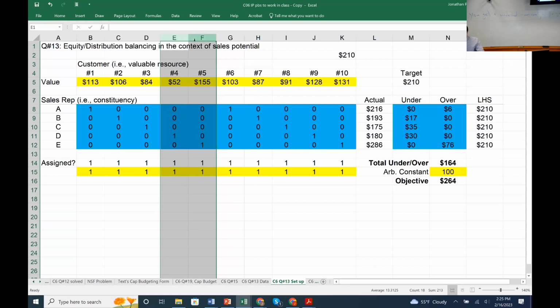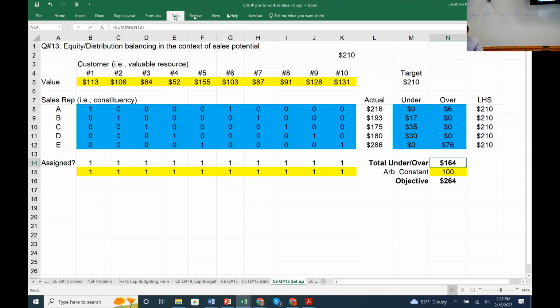Had this problem been much bigger, I might have wanted to do some of that sort of common sense reasoning ahead of time so that I could hopefully start with something better than this. This is not that big a problem, so I think we'll be fine. But that's what it means to start with blue cells that are feasible and pretty good.